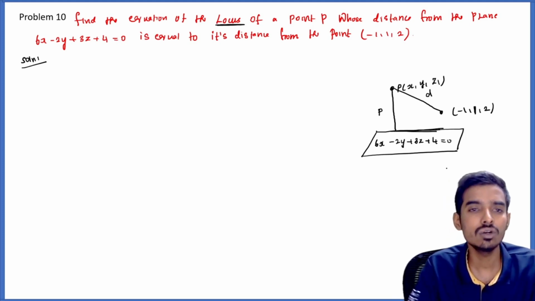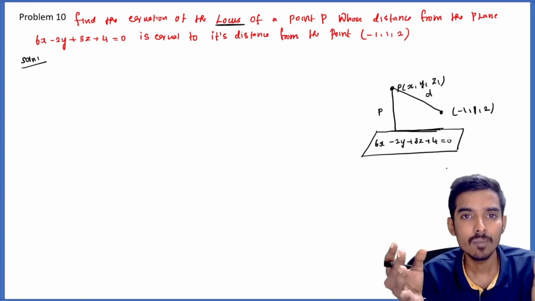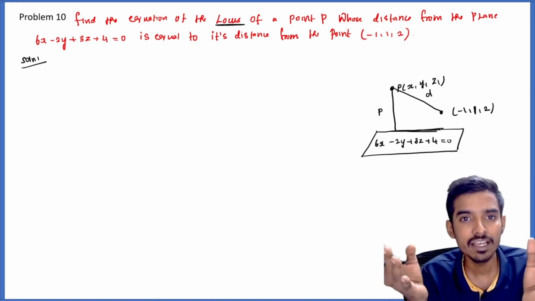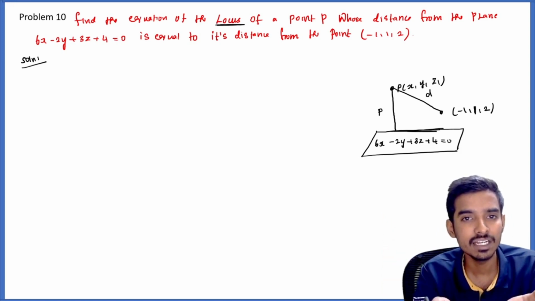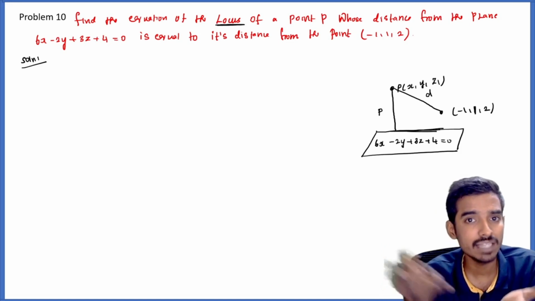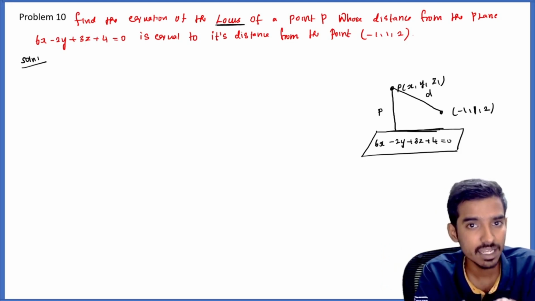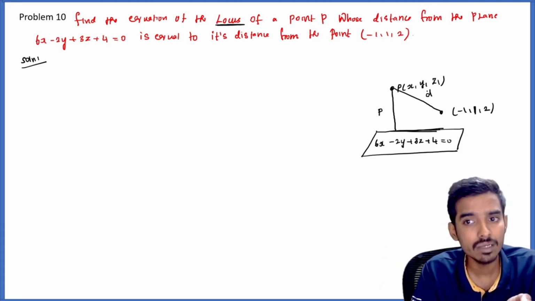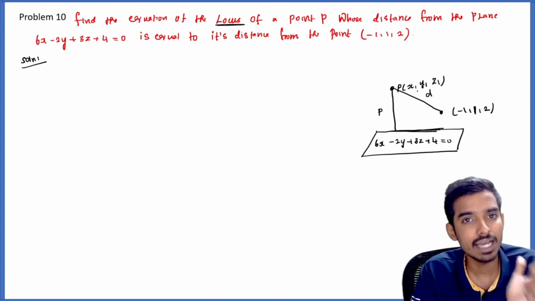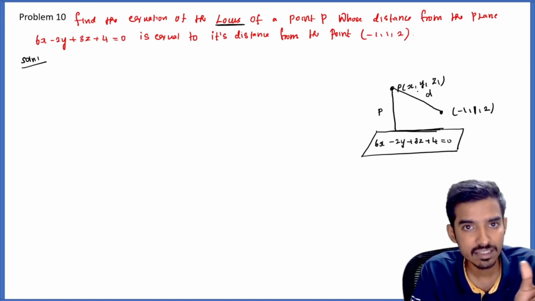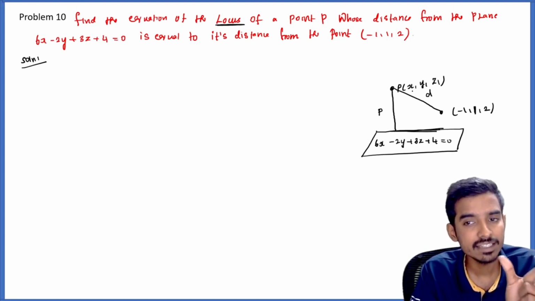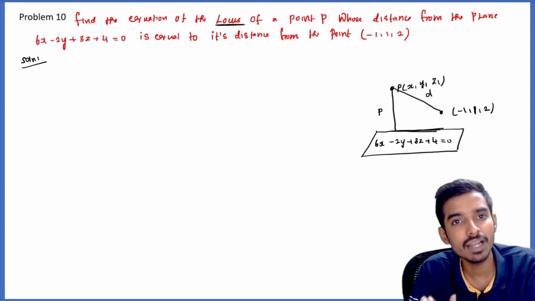You cannot list out all those infinite values, but what you can do is say, here it is, this is the equation that all these points will satisfy. So they are asking the equation that all the points will satisfy. That is called locus, right? So locus is the equation that a set of points will satisfy some condition.